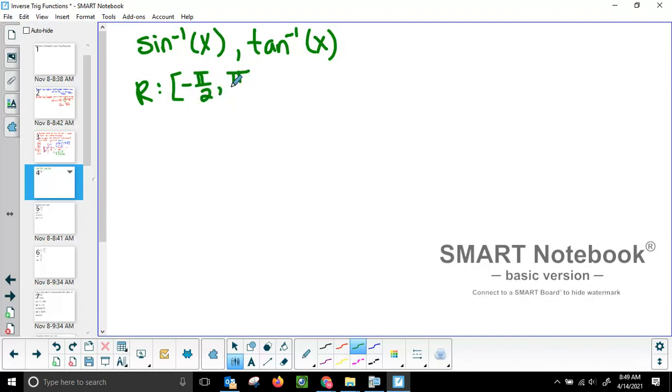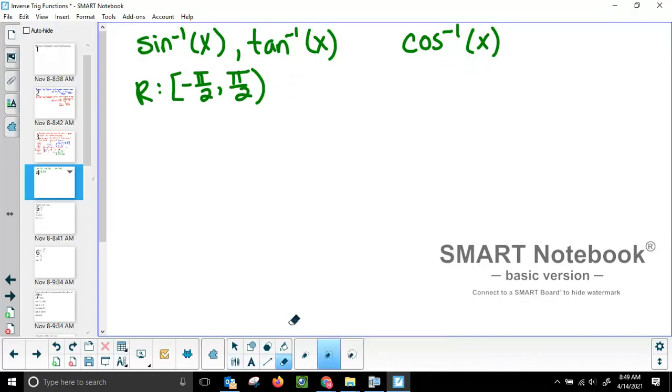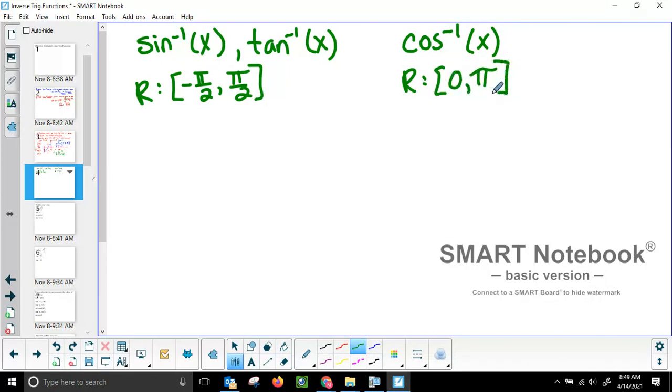And for inverse cosine, I'm sorry, this should be inclusive over here. Our range, which is what we must answer, is 0 to π.